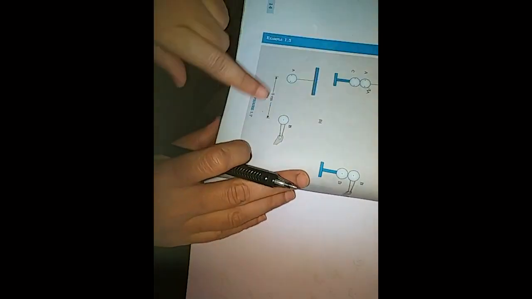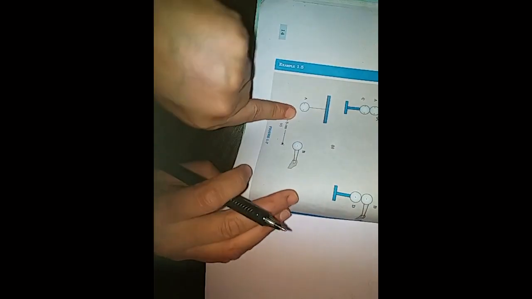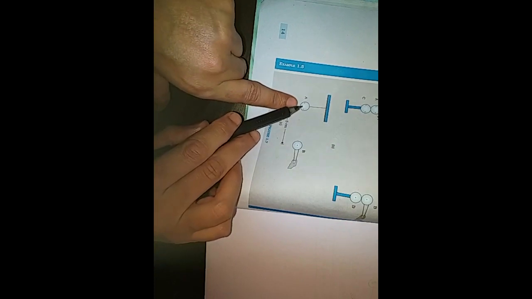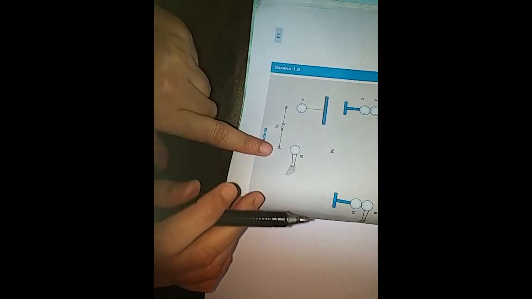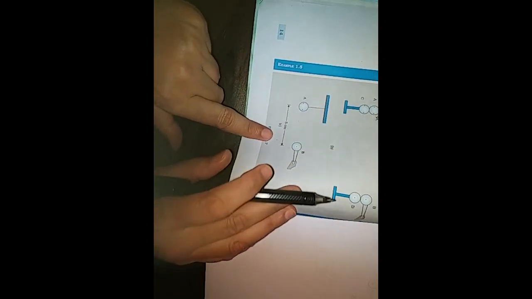C and D are then removed and B is brought closer to A to a distance of 5 centimeter between their centers, as shown in figure C. Now what happens? You can see here, A is having charge Q1 by 2, B is having charge Q2 by 2, and separation between them is 5 centimeter.